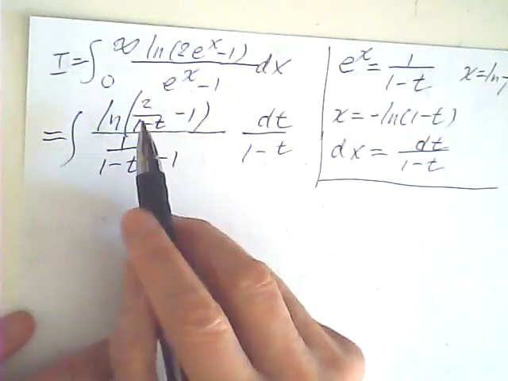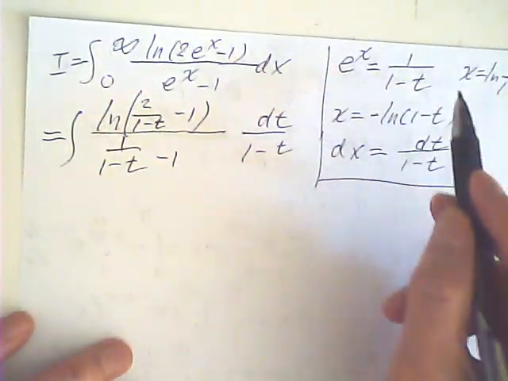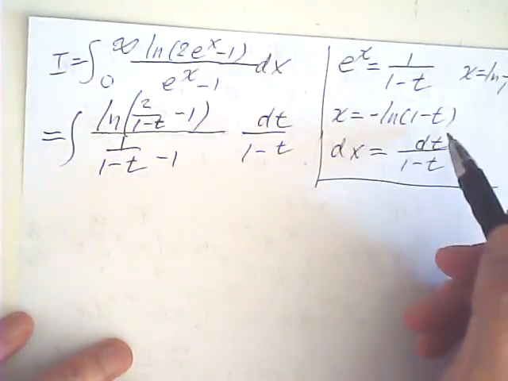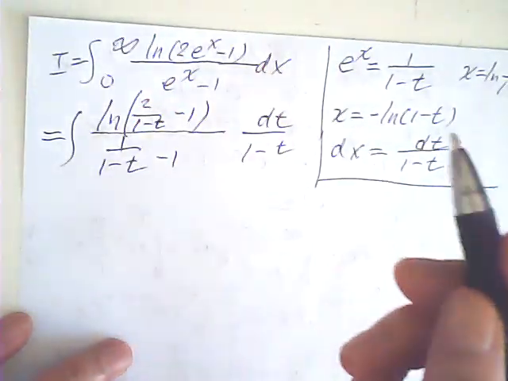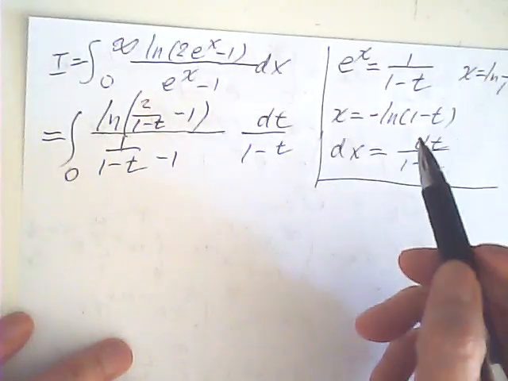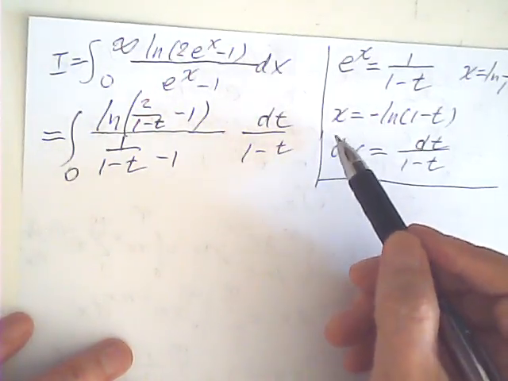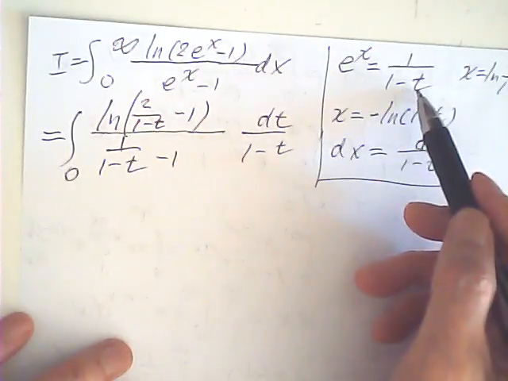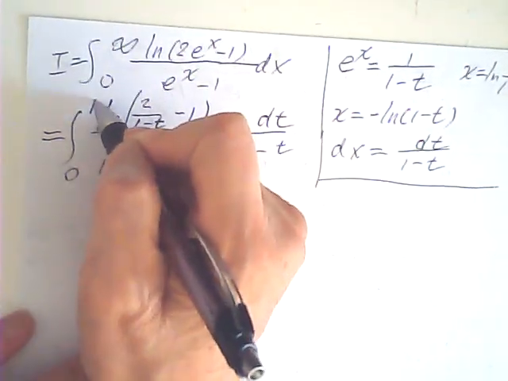Okay. When x equals 0, t equals 0. When x equals infinity, t equals 1.